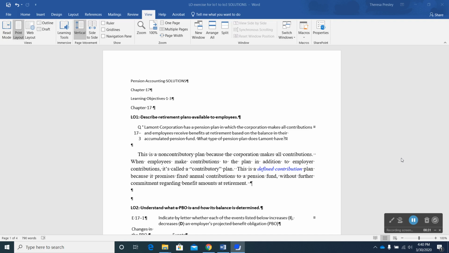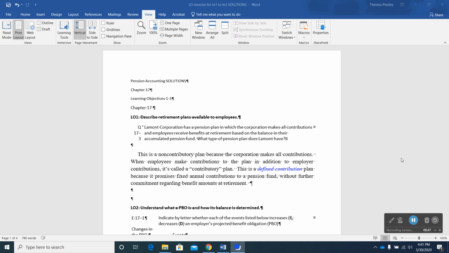Lamont Corporation has a pension plan in which the corporation makes all the contributions, and employees will receive benefits based on the balance that is in their account.